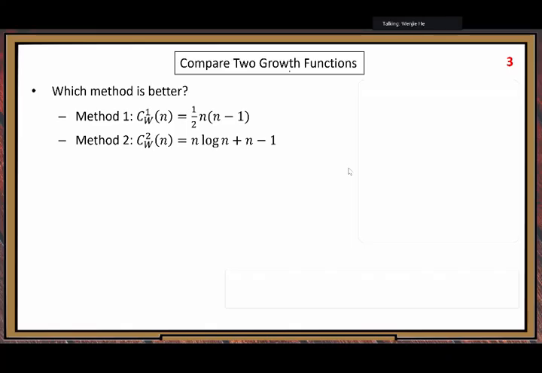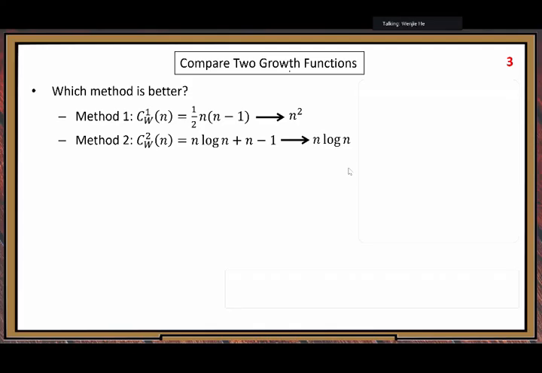Before we do the comparison, let's extract growth functions from these two efficiency functions. For the first efficiency function, after extraction, we have this n squared growth function. For the second efficiency function, the dominant term, we have this n log n growth function.